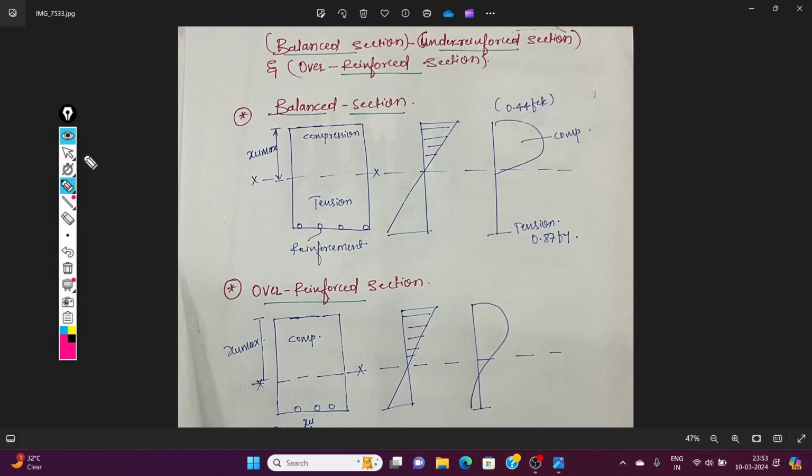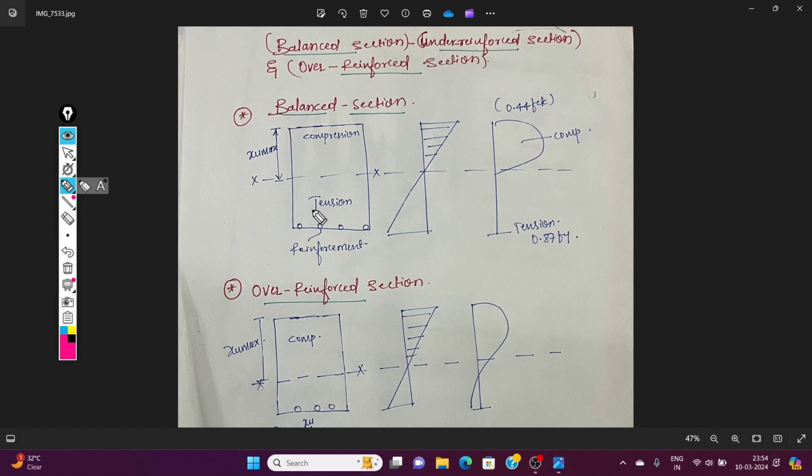So in the balance section, what happens? The compression as well as tension both reach the ultimate value of stress limit simultaneously.